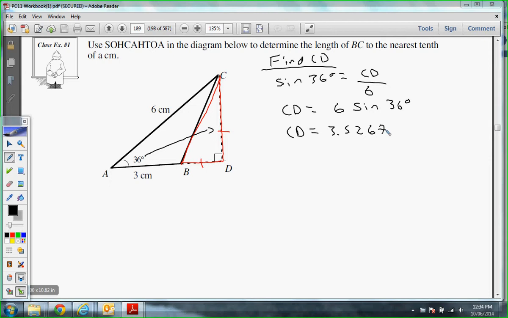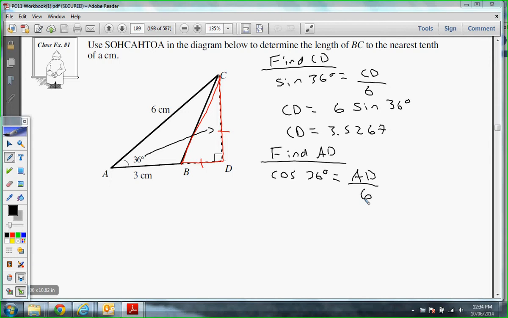Anything there? Now I'm going to find AD. If I get AD, I can get BD by subtracting. So finding AD, I'm going to go cosine 36 equals AD over 6.